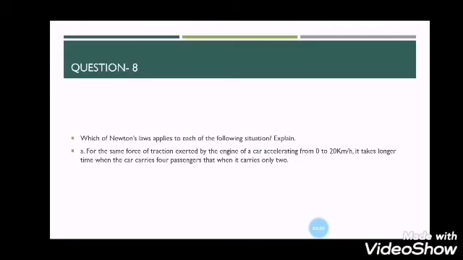8. Which of Newton's laws applies to each of the following situations? Explain. A. For the same force of traction exerted by the engine of a car accelerating from 0 to 20 kilometers per hour, it takes longer when the car carries 4 passengers than when it carries only 2.